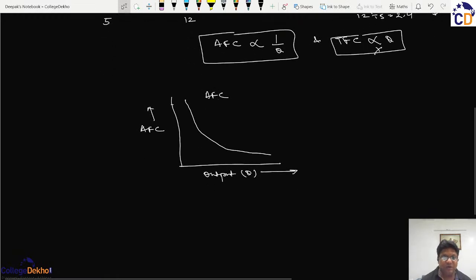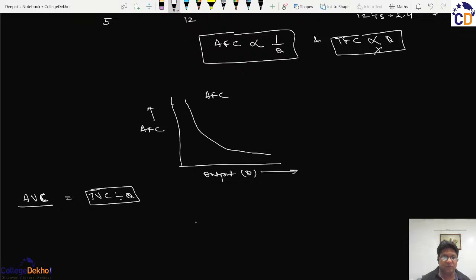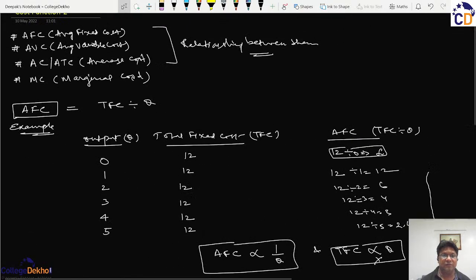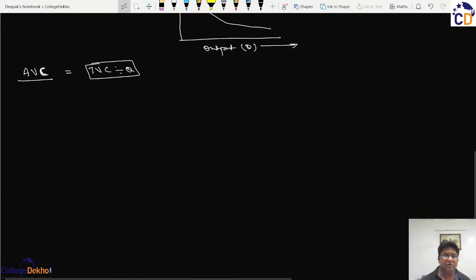As the output increases. So now if I come to the average variable cost, then we can have two perceptions. This average variable cost will be equal to total variable cost divided by the quantity. So to understand this, we like above can have the proper understanding through an example.